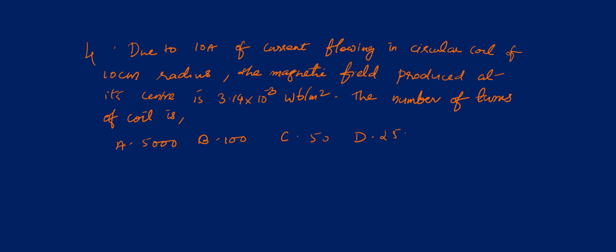Due to 10 ampere of current flowing in a circular loop of 10 centimeter radius, the magnetic field produced at its center is 3.14 into 10 raised to minus 3. The number of turns of the coil is? The magnetic field due to a circular coil is mu 0 I divided by 2R. If there are n number of turns, then mu 0 I n divided by 2R.